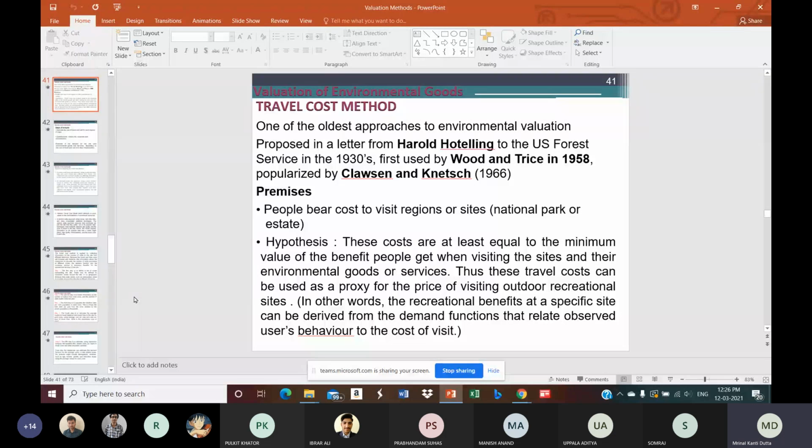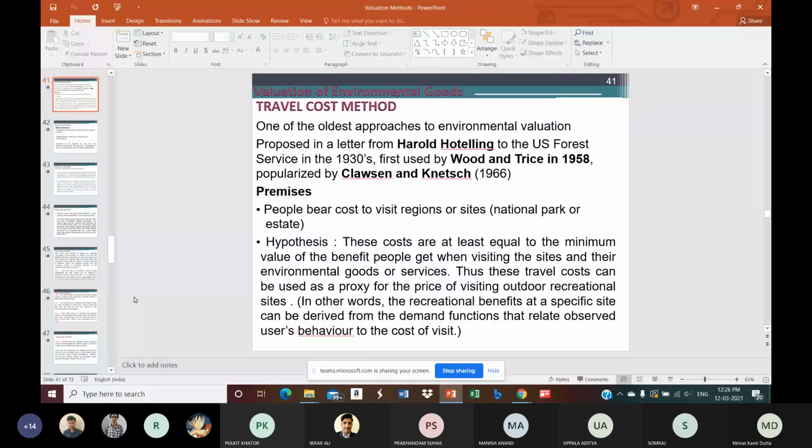So this travel cost can be used as a proxy for the price of visiting outdoor recreational sites. Okay, outdoor recreational sites, there might be quite a few, as we mentioned: national parks, water bodies, wetlands, whatever that may be.